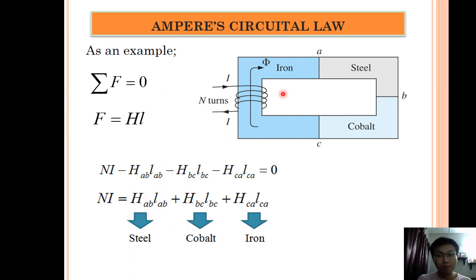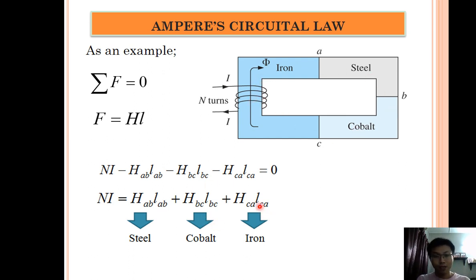So HAB times LAB, this one. HBC times LBC, this one. Then we have HCA times LCA. When you add these three together, it will come from the Ni, the principle of conservation of energy, PCE, right? For sure, there's a source, and it will distribute to other places.